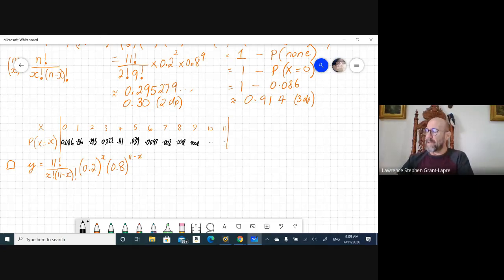Okay. Now the graph of this, I just want to show you for exercise 14b. The highest probability here is about 0.3. So let's try and draw this on the graph.